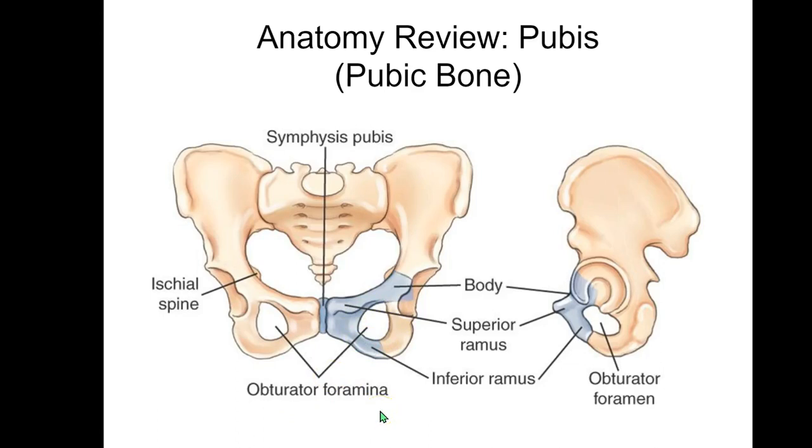The obturator foramen, or foramina, is the largest foramen or hole in the human skeleton. And it's very deceiving. It looks like these are just kind of flat holes, but actually in the body they sit at angles. And we'll look at that again when we're playing with our bones in lab.